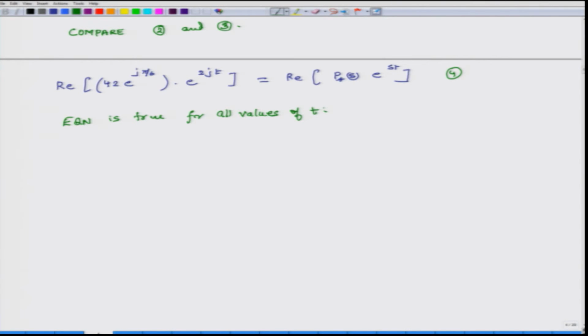And it is going to be true only if e to the power of 2 j t equals e to the power of s t, which implies that s is equal to 2 j, and the other equivalence is that P plus of s equals 42 e to the power of j pi over 6. So, let us call these equations 5.